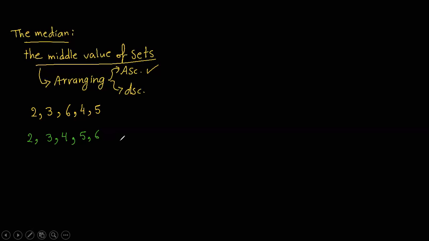The order of the middle value of the median will be the third order. The third order of this value will be 4. So the median will be equal to 4, and 4 is the third order of the values.